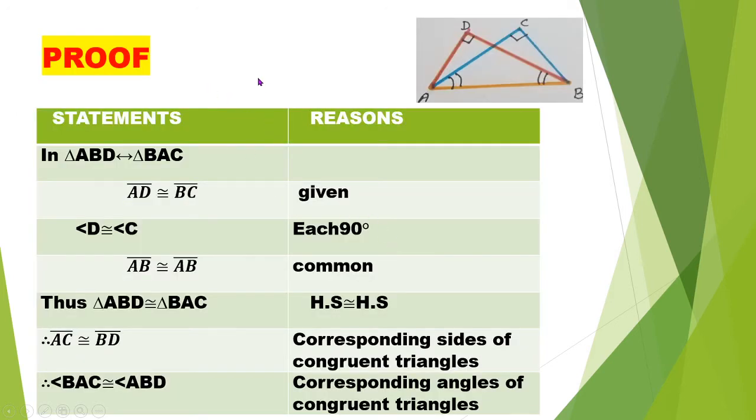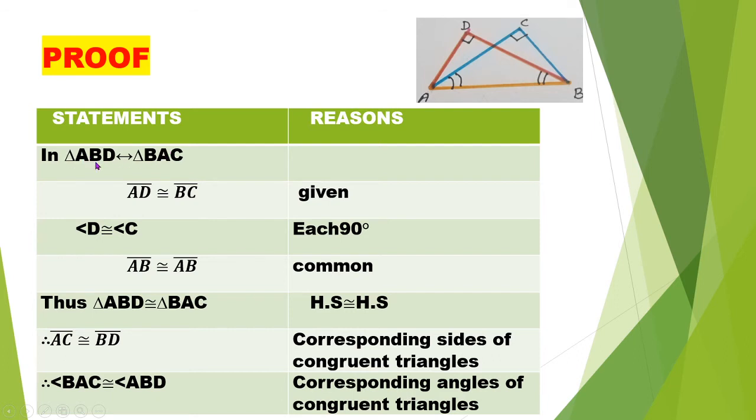So in order to prove this, in the proof we have to make two columns, first for statements and the second for reasons. As you can see, there are two triangles, triangle ABD and triangle BAC. So in statements we are going to take correspondence between these two triangles.